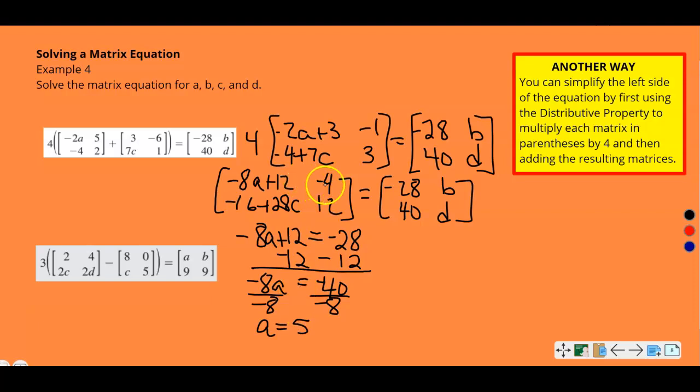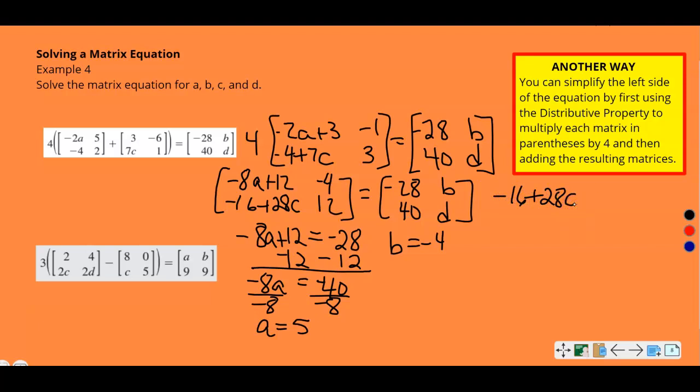The next one says negative 4 equals b. So that one's easy. So b equals negative 4. And then we have negative 16 plus 28c equals 40.